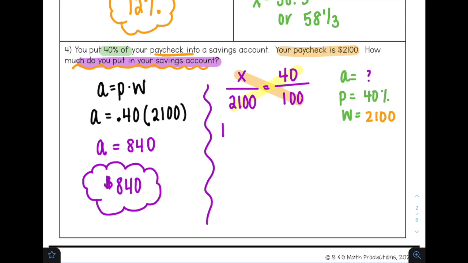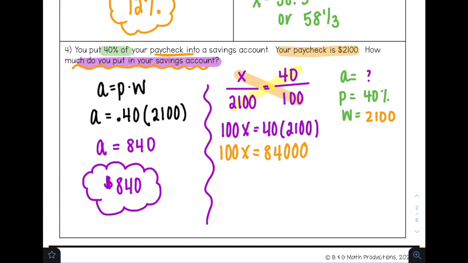So we have 100x equals 40 times 2,100. We're left with 100x equals 84,000.